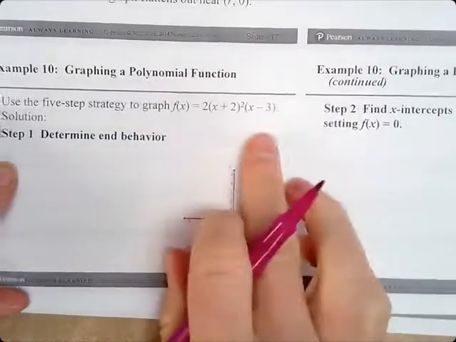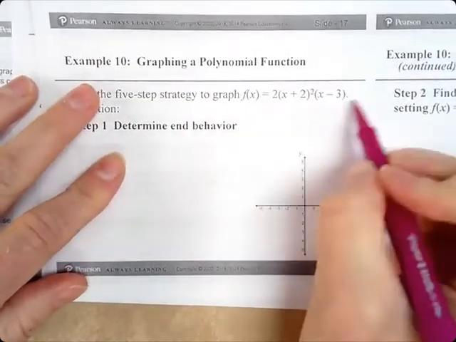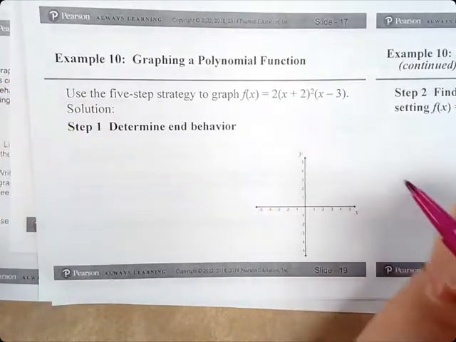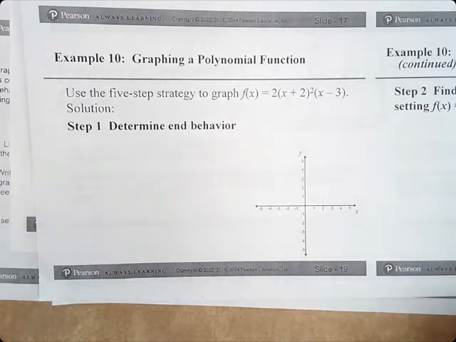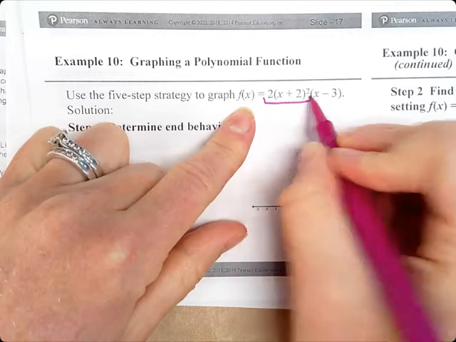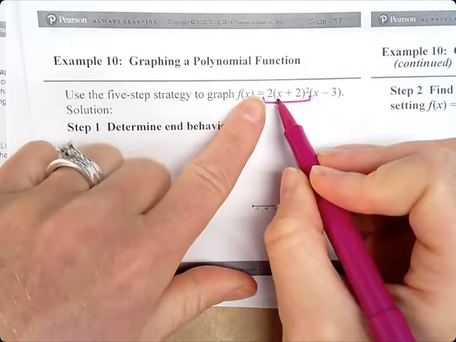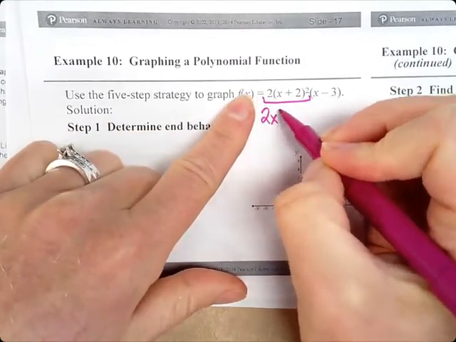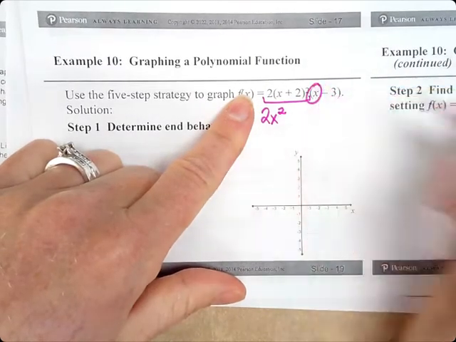Okay, so we are going to determine the end behavior here. So we need to multiply this all out to find our leading coefficient, but there's actually a shortcut. Whenever I multiply this, I just want my leading coefficient and my leading degree. So this is going to come out as 2x squared. But then I need to multiply times x.